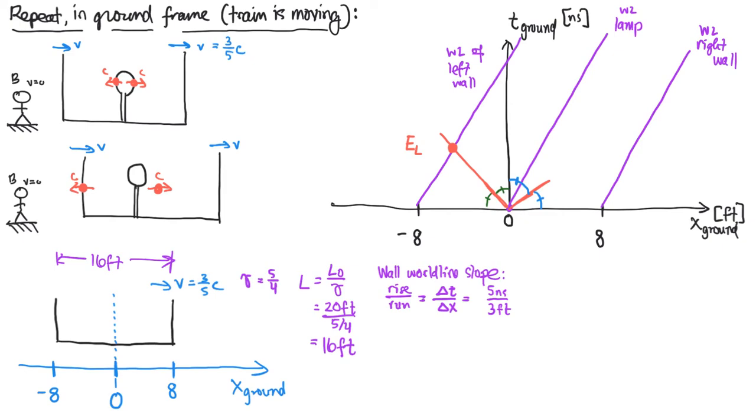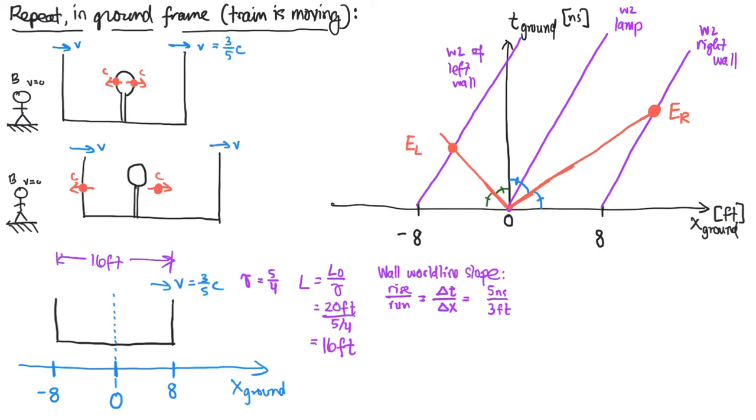So we're going to draw this line, and extend it out. And right away we can see very clearly graphically with no calculations, okay, that the right photon is going to hit the right wall at a later time than the left photon is going to hit the left wall. Okay, and we can show that just graphically.